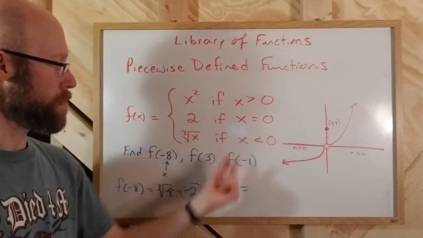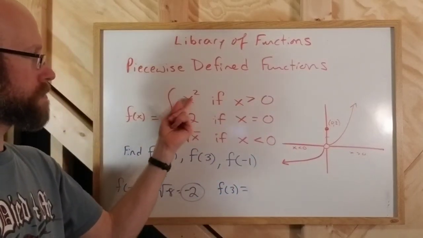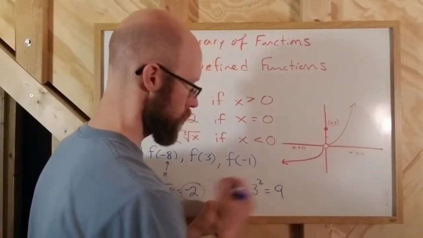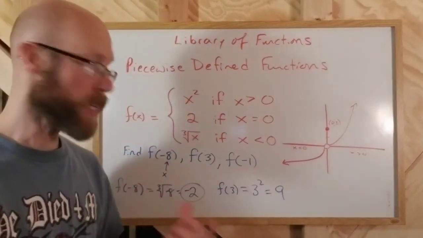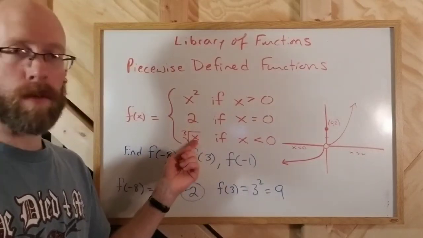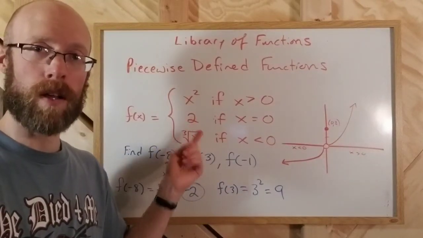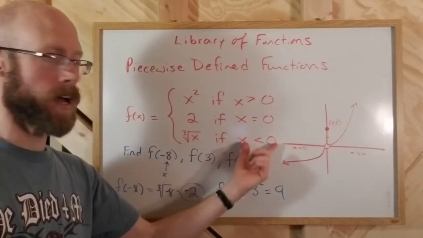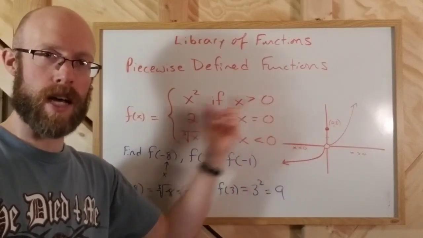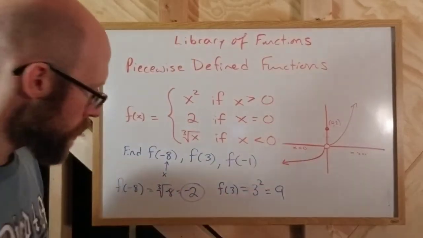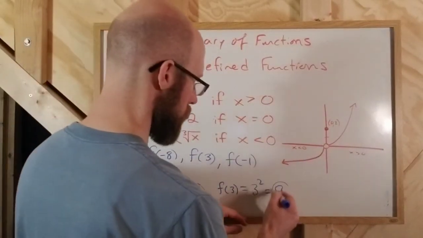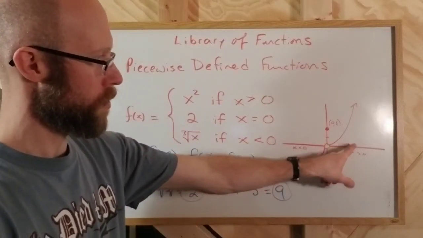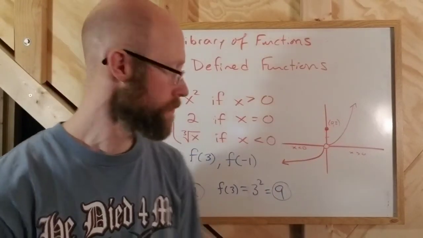So I apply the 3 to this x, and I look at x squared, which is 3 squared, or 9. Okay? I don't need to put that 3 into the bottom equation or into the middle one because the x value doesn't apply. It only applies to that top one. So 9 would be that value. So that means that if you went over 3, the graph would be up 9 units.